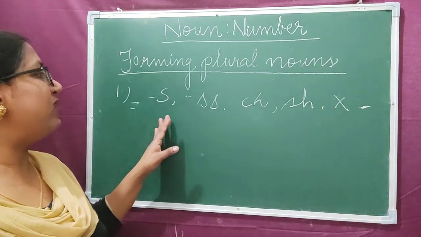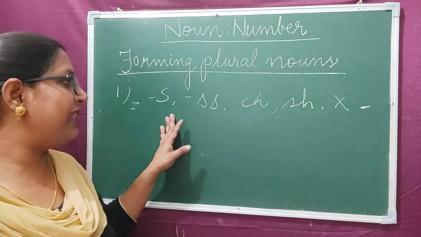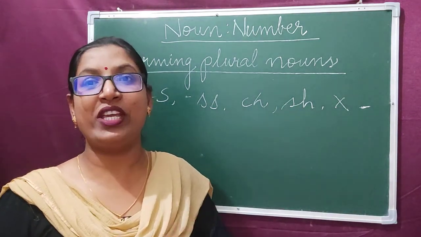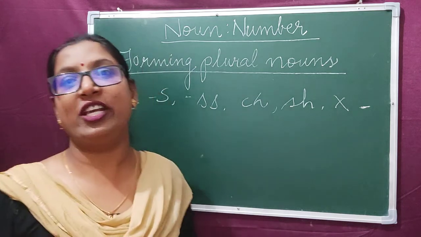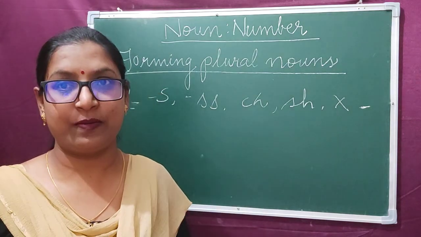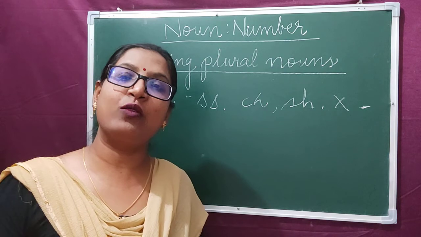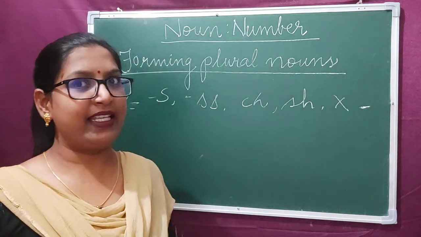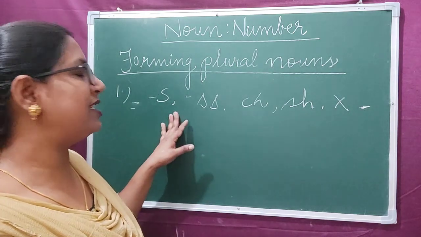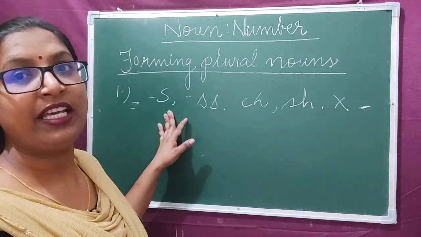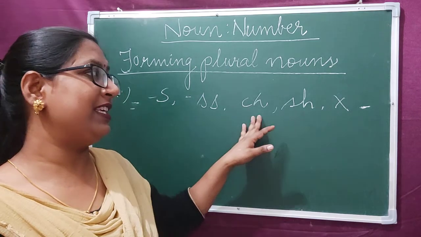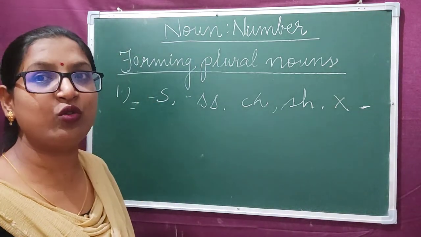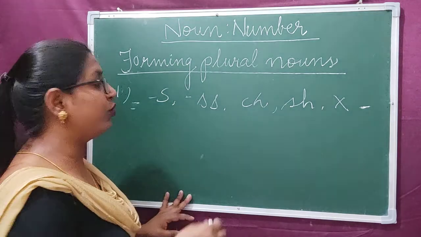When the nouns are ending with s, ss, ch, sh or x, we add es with them to form their plural forms. Most of the nouns are changed into plural form just by adding s. But when the nouns are ending with s, ss, ch, sh or x, we add es with them to change them into a plural form.